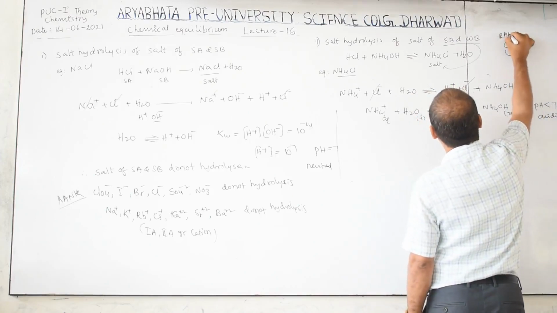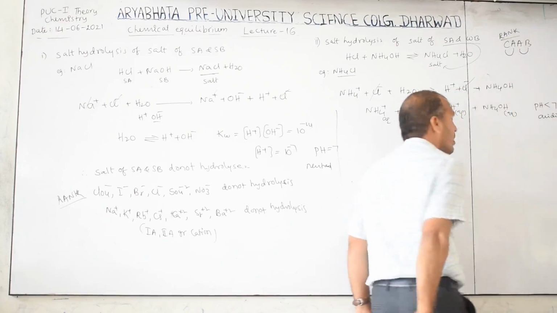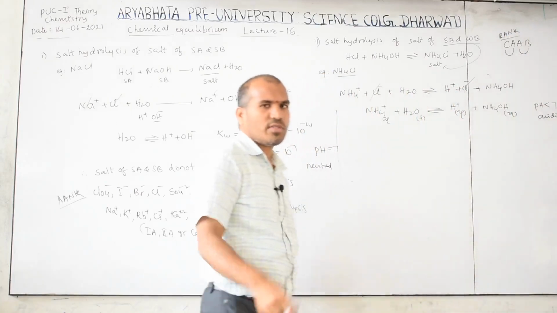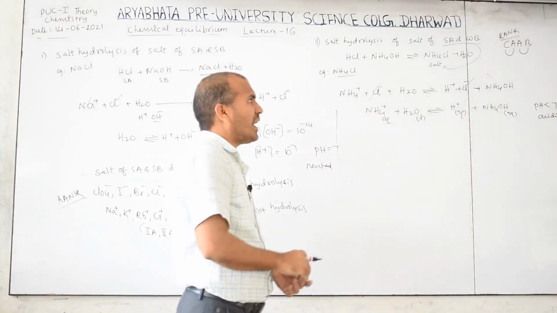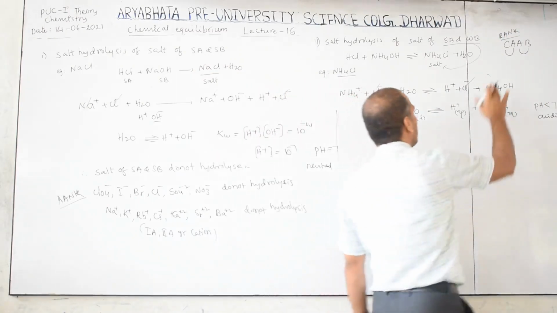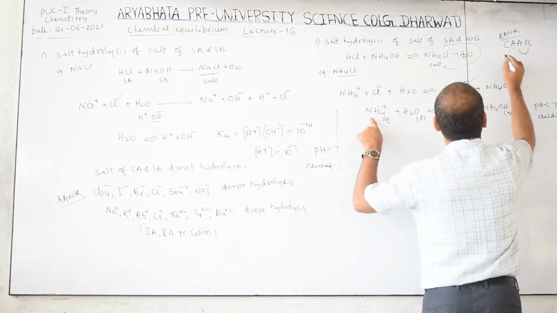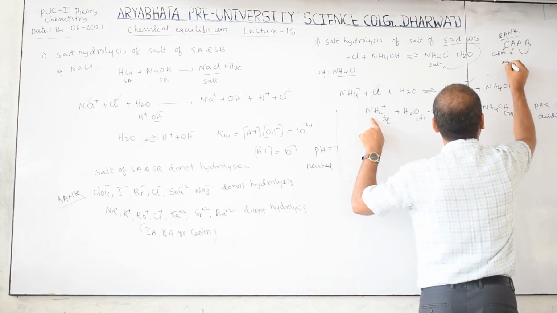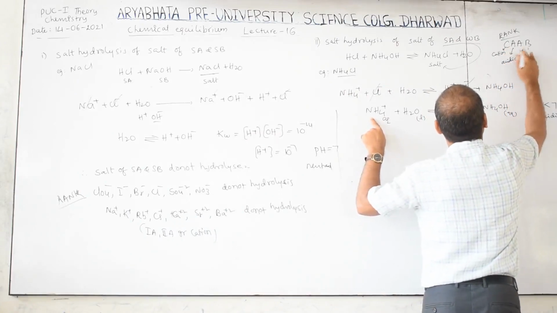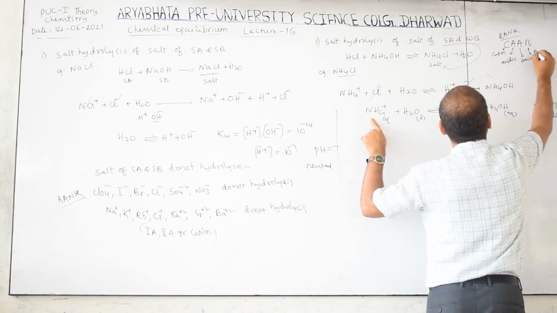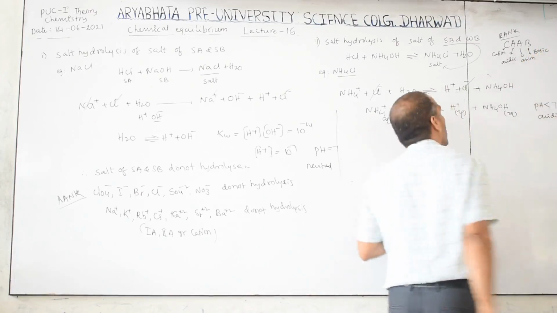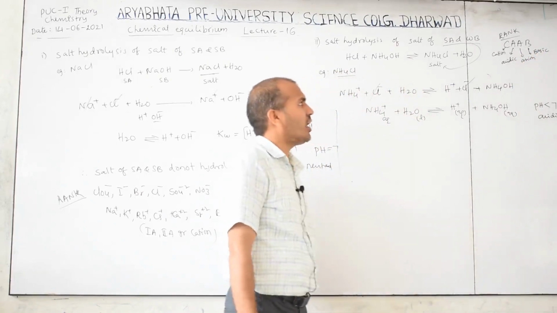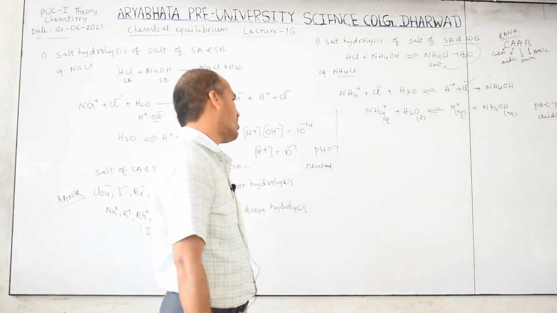Rank shortcut, remember this is how to remember which type of solution is given. Cation gives acidic, C means cation. This is acidic. This is anion. This is basic. Okay, cation gives acidic solution, anion gives basic solution on hydrolysis.